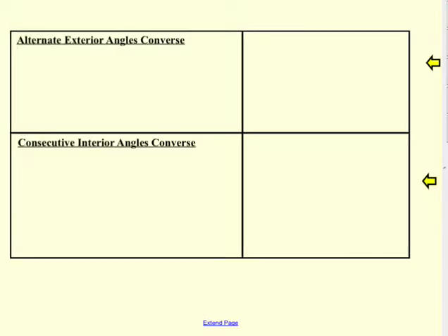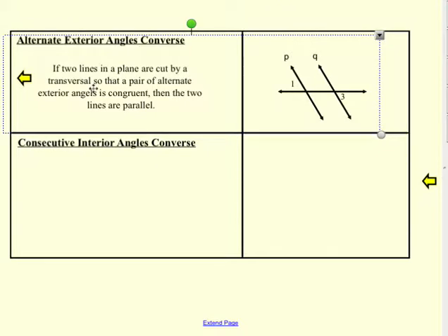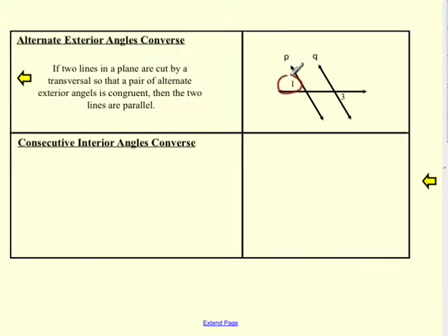Let's take a look at the alternate exterior angles converse. If two lines in a plane are cut by a transversal, that's what we've been talking about this whole unit, so that a pair of alternate exterior angles are congruent, then the lines are parallel. Remember that alternate exterior angles are going to be these guys right here.